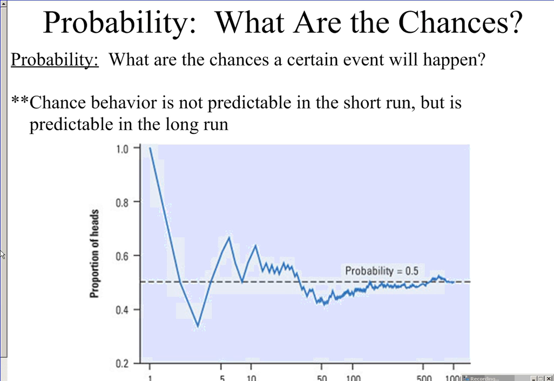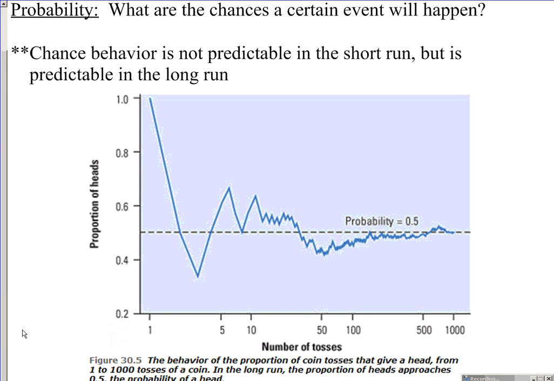Okay, the graph here shows the flipping of coins. Number of tosses are along the bottom here. The proportion of times that a coin comes up heads is up the side. We know that when we flip a coin, we have a 50-50 chance, or it should come up heads about 0.5 out of 1.